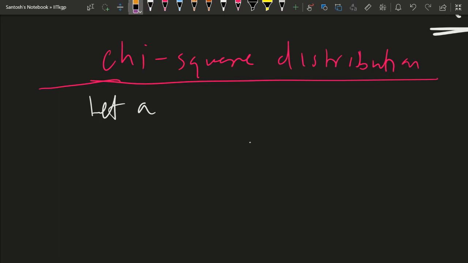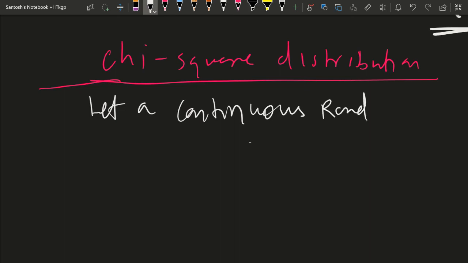So this will be a continuous random variable. Usually we write x.